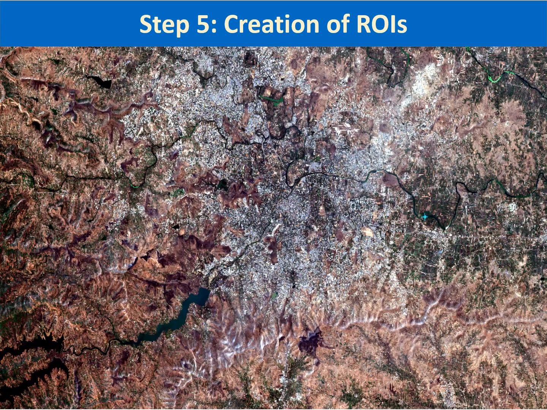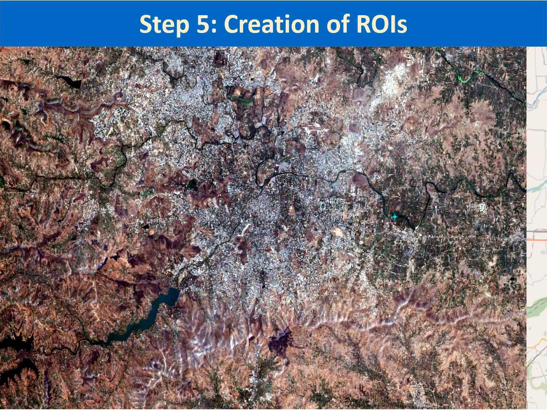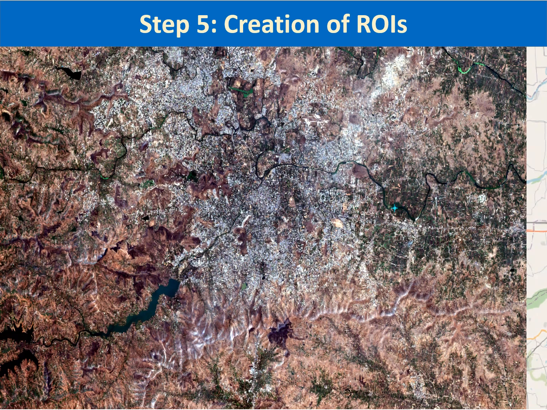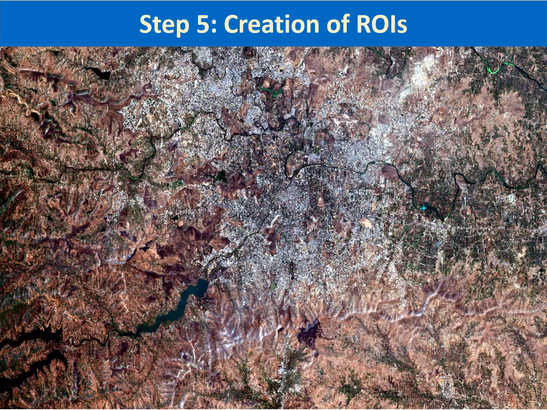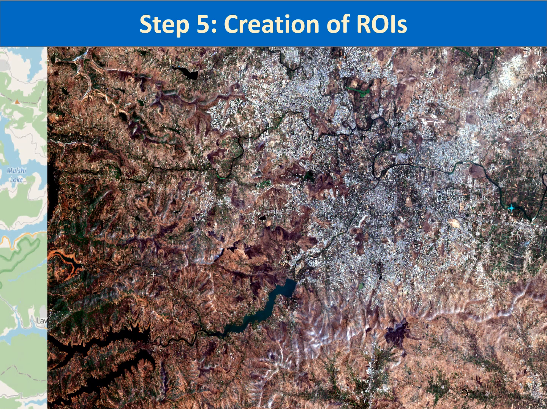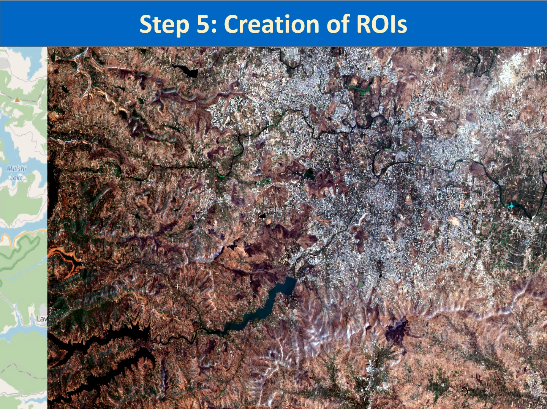In the downstream region you have the command of the Khadakwasla project, and these are the bare hills. On the western side you have the forested areas, and also reservoirs. So this is the true color composite, the way our eyes would see it when you are at that particular height on a cloud free day.